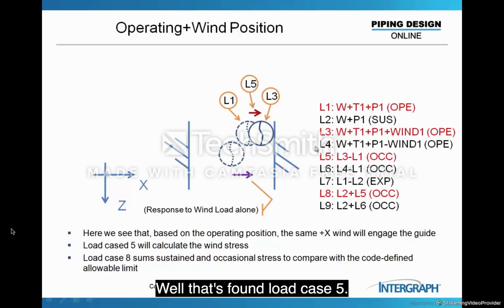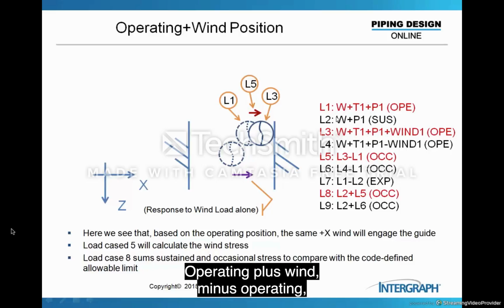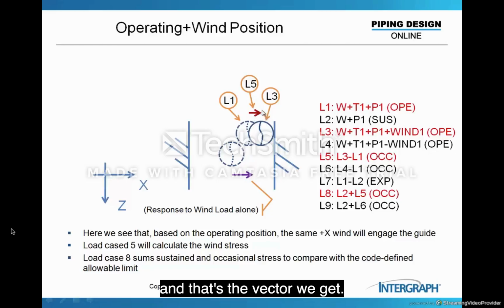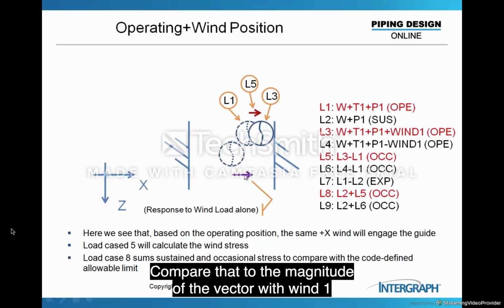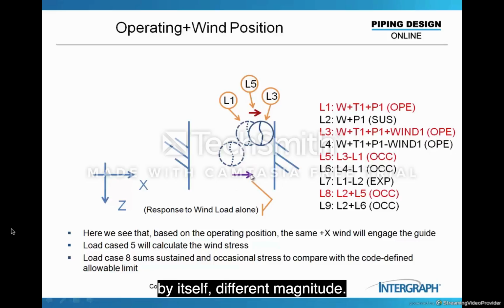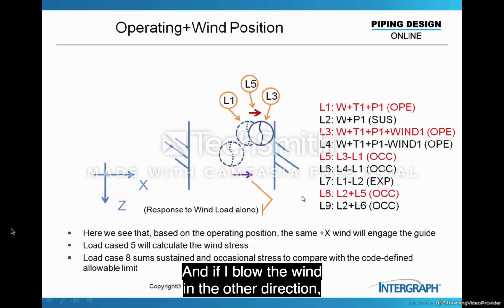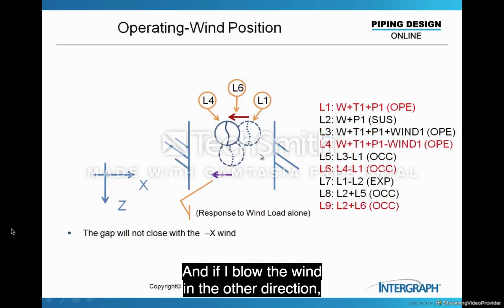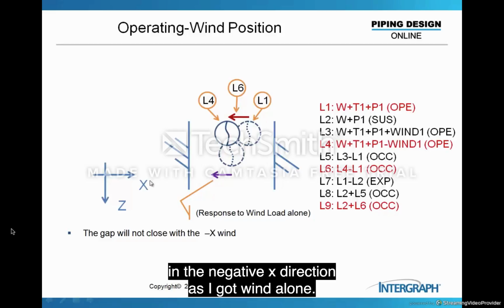Well, that's found in load case 5, 3 minus 1. Operating plus wind minus operating, and that's the vector we get. Compare that to the magnitude of the vector with wind 1 by itself. Different magnitude. And if I blow the wind in the other direction, now with this larger gap, I get the same response in the negative x direction as I got wind alone.